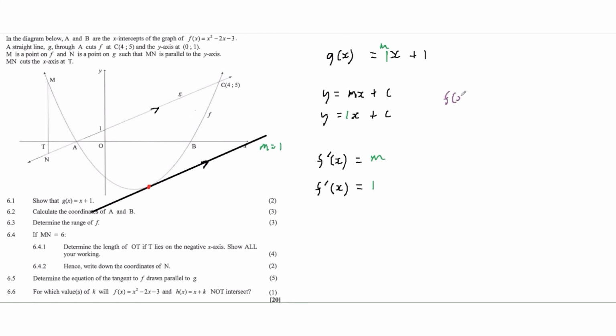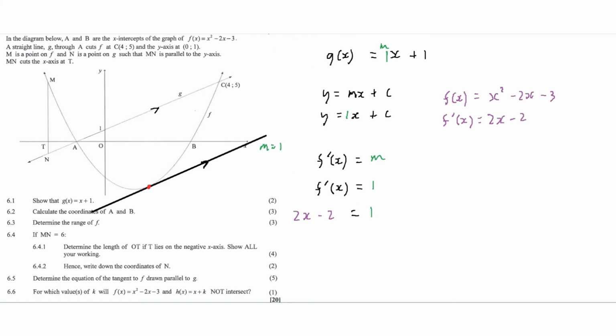So we know that f of x, the equation of our parabola, is x squared minus 2x minus 3. So our derivative of that is going to be 2x minus 2. So we're going to substitute that into our equation here: 2x minus 2 equals 1.